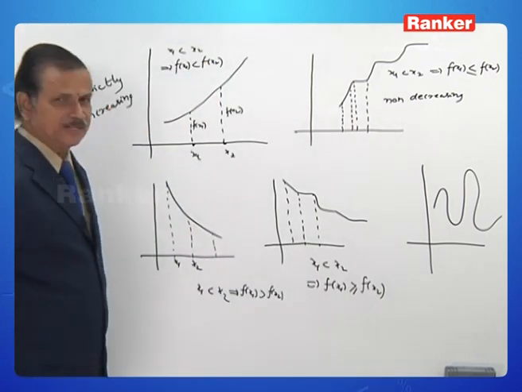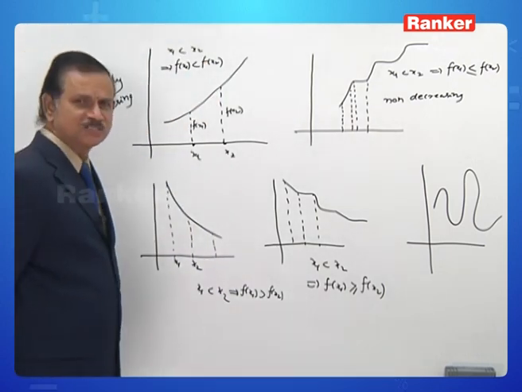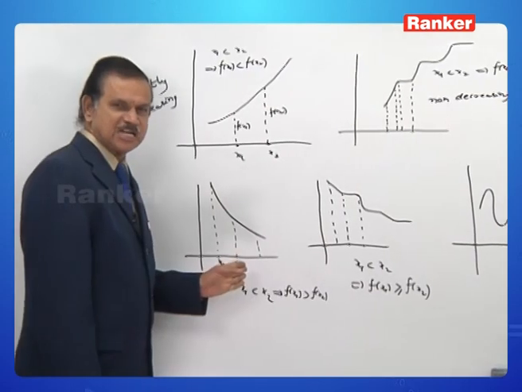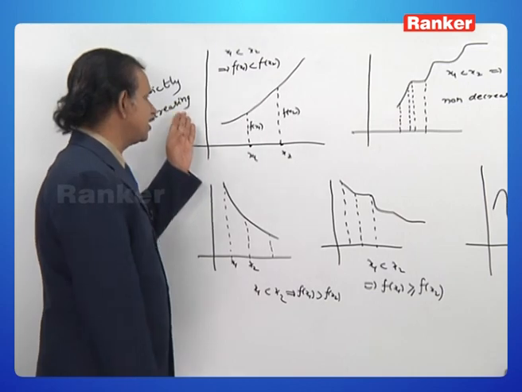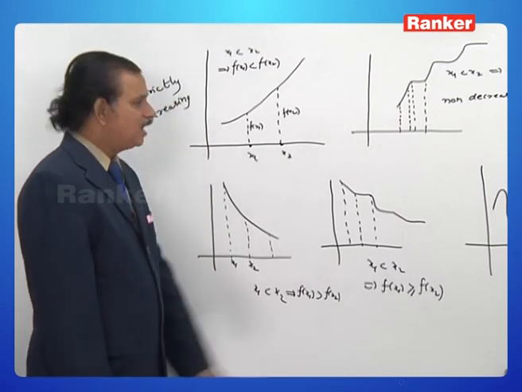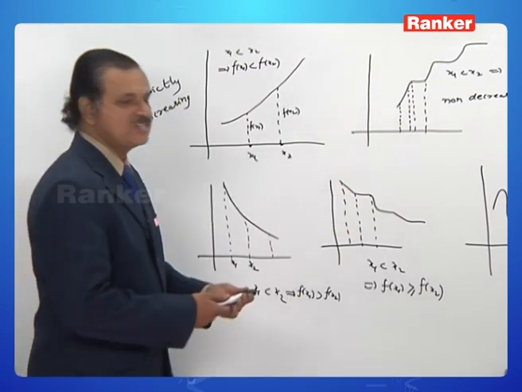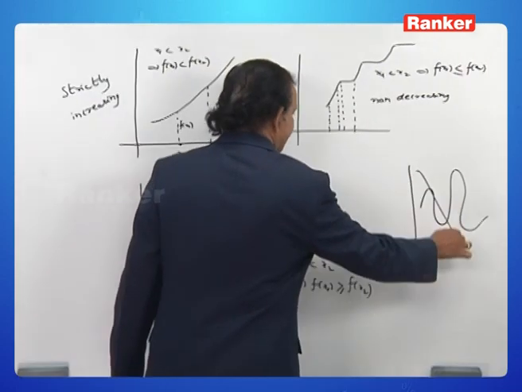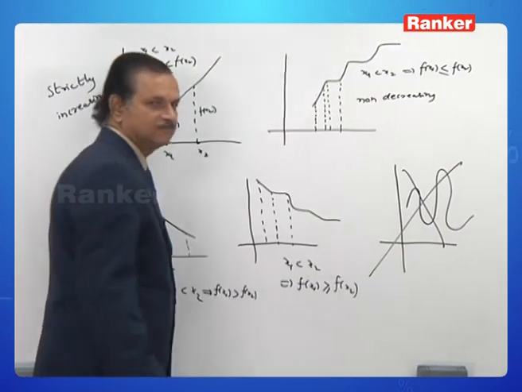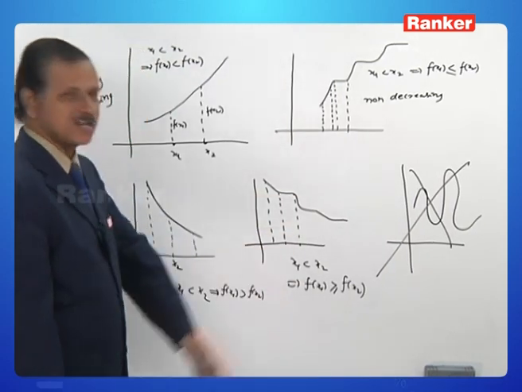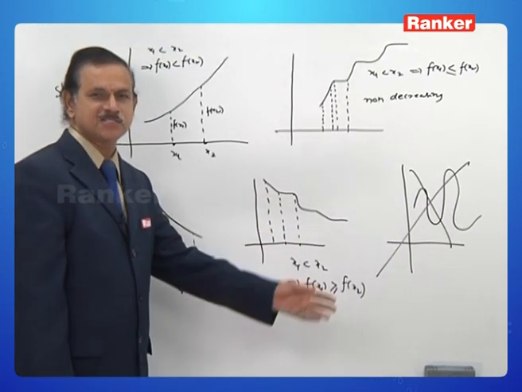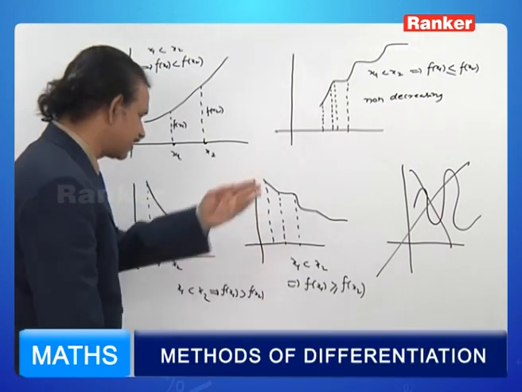To be more precise, these are strictly monotonic, which is why we say strictly increasing and strictly decreasing. And what about the last graph? It is not monotonic at all. You cannot speak of either increasing nature or decreasing nature or non-increasing nature or non-decreasing nature for the graph.